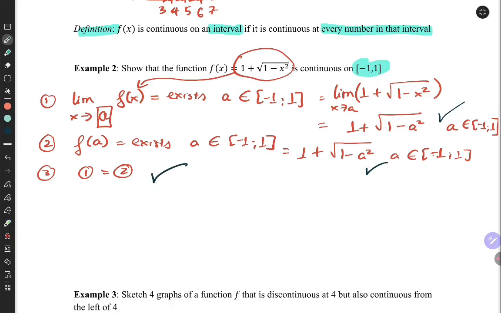Third. Therefore, my conclusion will be that f of x, whatever that f of x is, is continuous on -1 to 1.